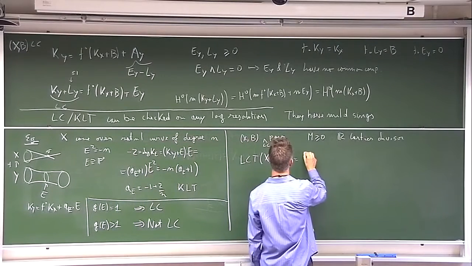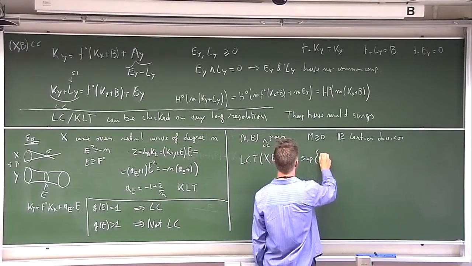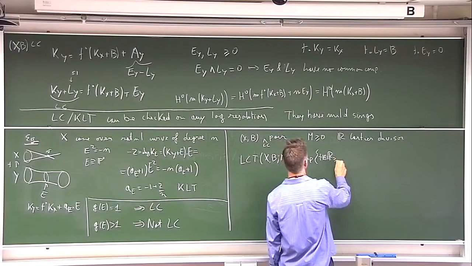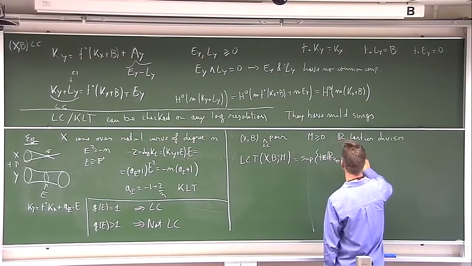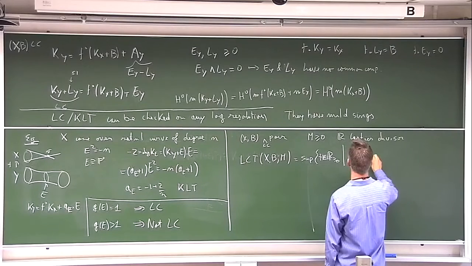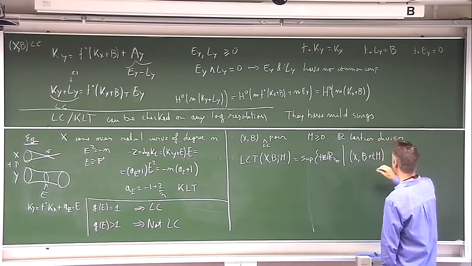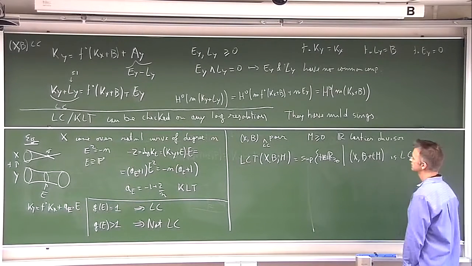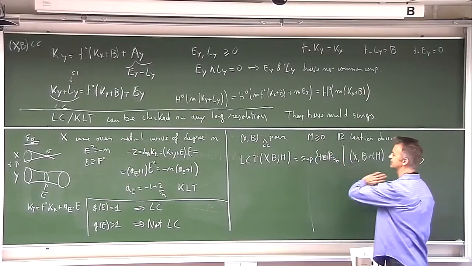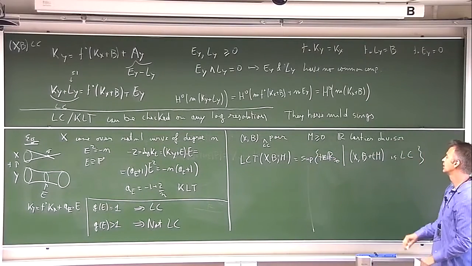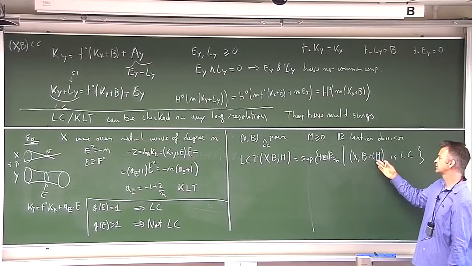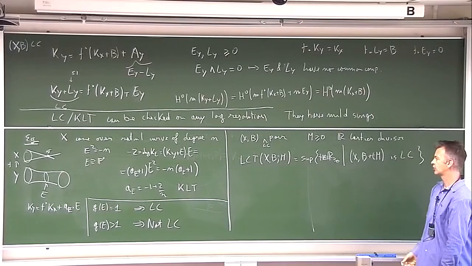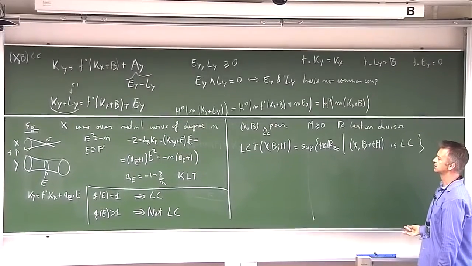It's going to be the supremum of those positive real numbers t with the property that if I consider the pair (X, B + tM), this is log canonical. If I pick M to be 0, this is not interesting, so let's assume that M is non-zero. Then for some sufficiently big value of t, it will be not log canonical, and there will be a threshold, a maximum value of t where it becomes log canonical.